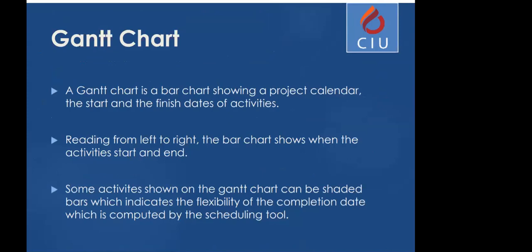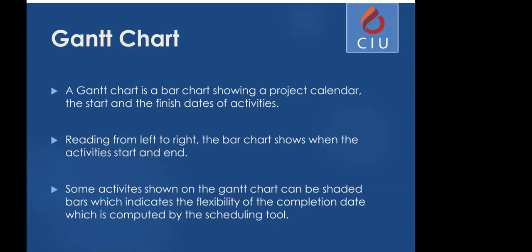Instead of going through a graph and following up the milestones, you just see the whole thing from start to finish. You read it from left to right with bar charts showing the activities, where they start and where they end. Some activities shown on the Gantt chart can be shaded bars, which indicates the flexibility of the completion date, which is computed by the scheduling tools themselves as well.